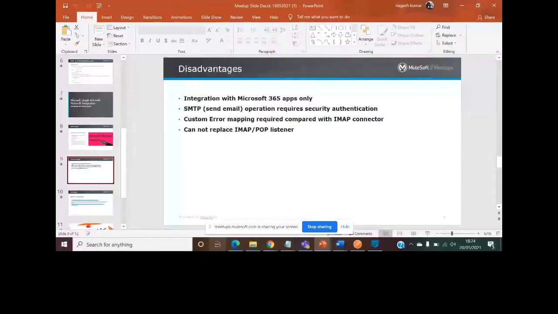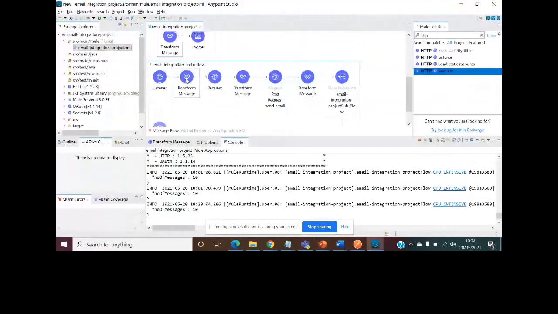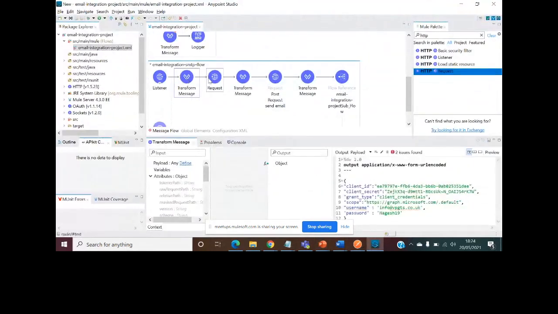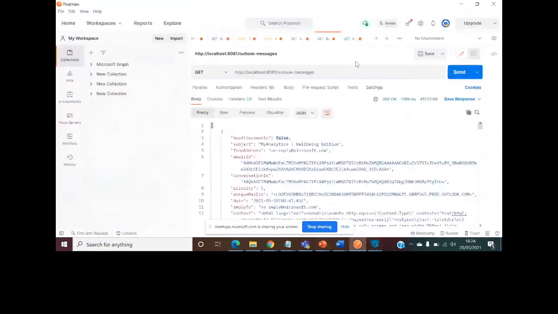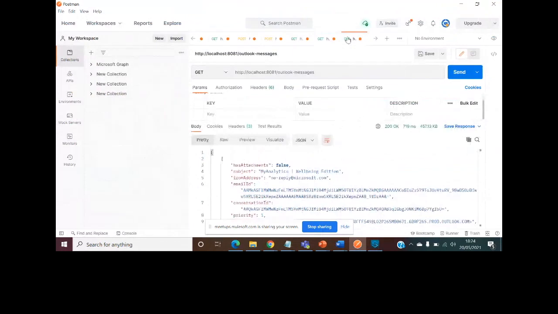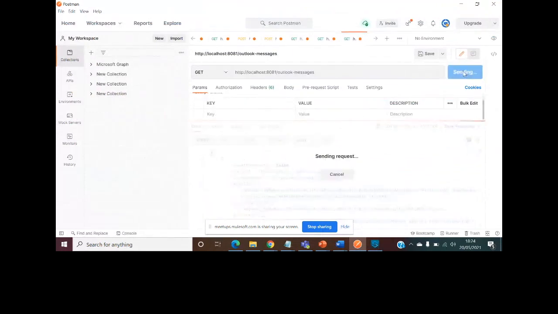If I come across the SMTP feature as well, let's say I'm sending an email across, I will just touch on that SMTP, which is basically sending an email.